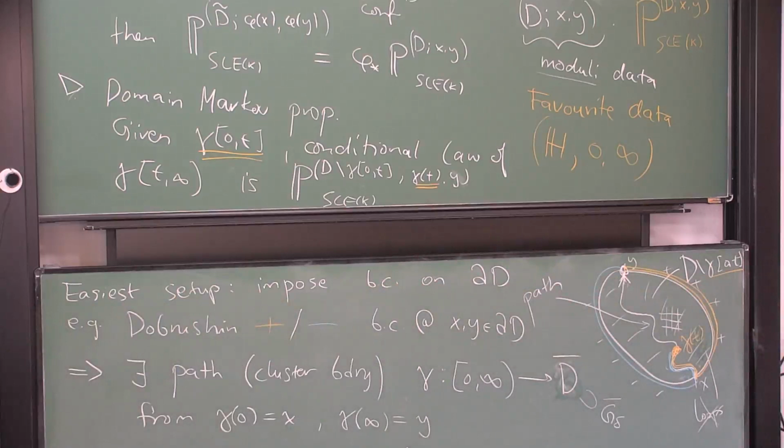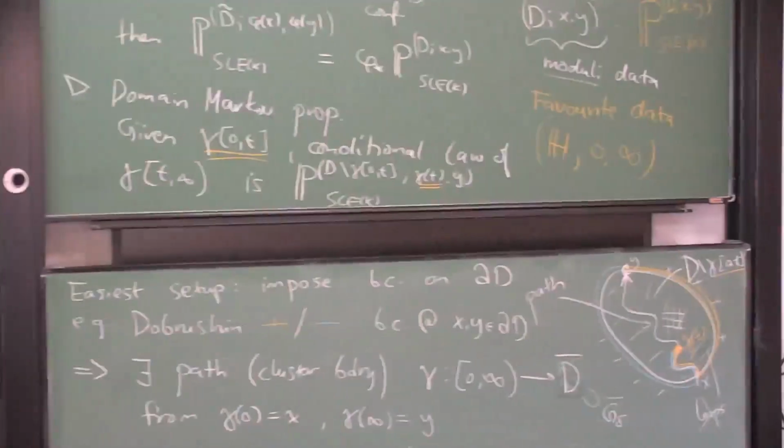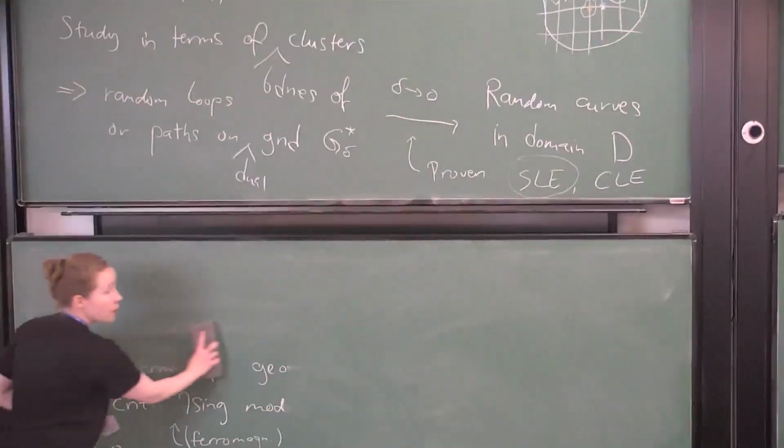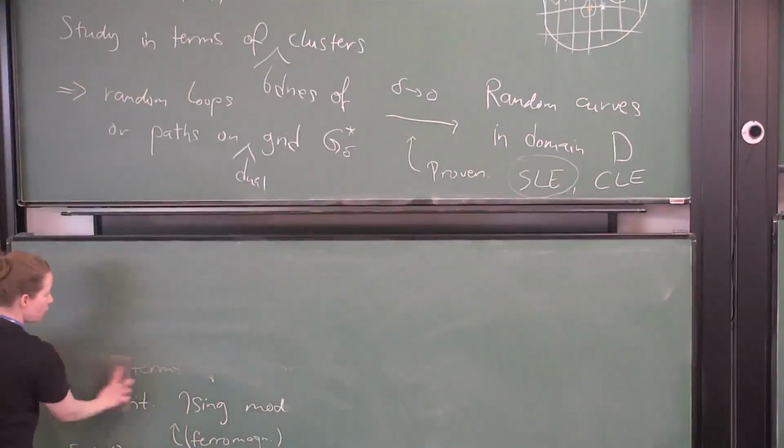Can I ask a question? Sure. I'm a bit confused about why this is a condition, in the sense that if we look at where you started from, you want to understand some boundary between the pluses and minuses. Isn't the curve from x to y automatically defined? Yes, it's there, but it's random because the pluses and minuses are random.